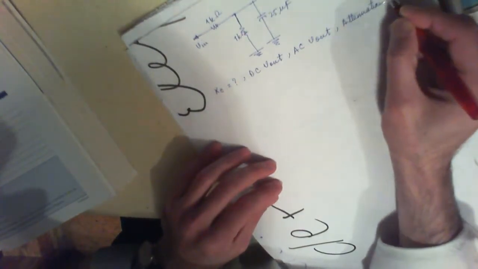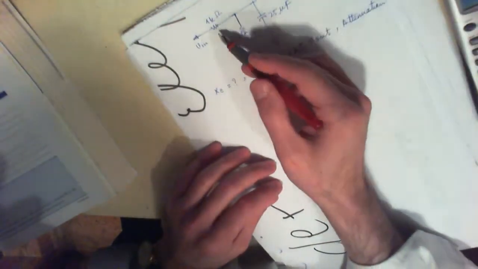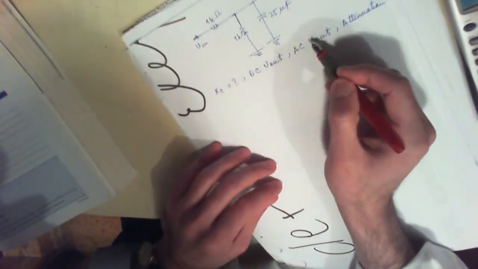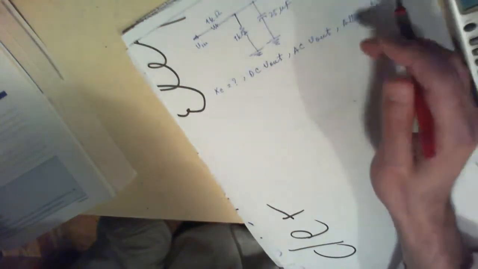And attenuation is basically how much your circuit is actually decreasing the incoming signal in case of DC and in case of AC.